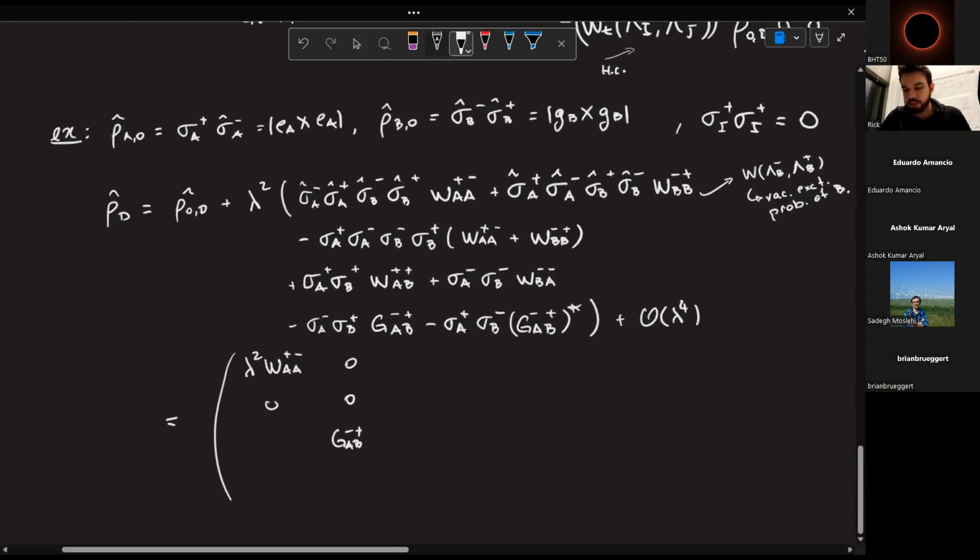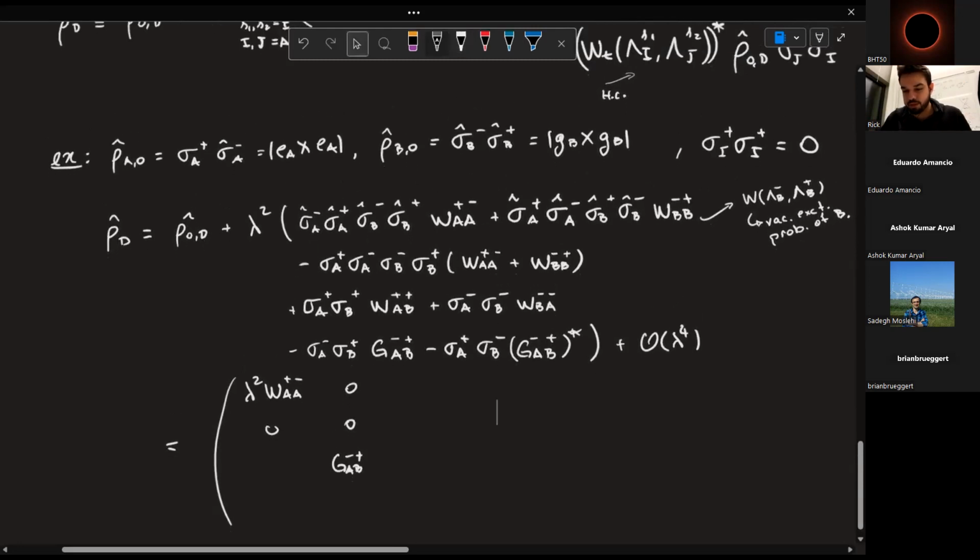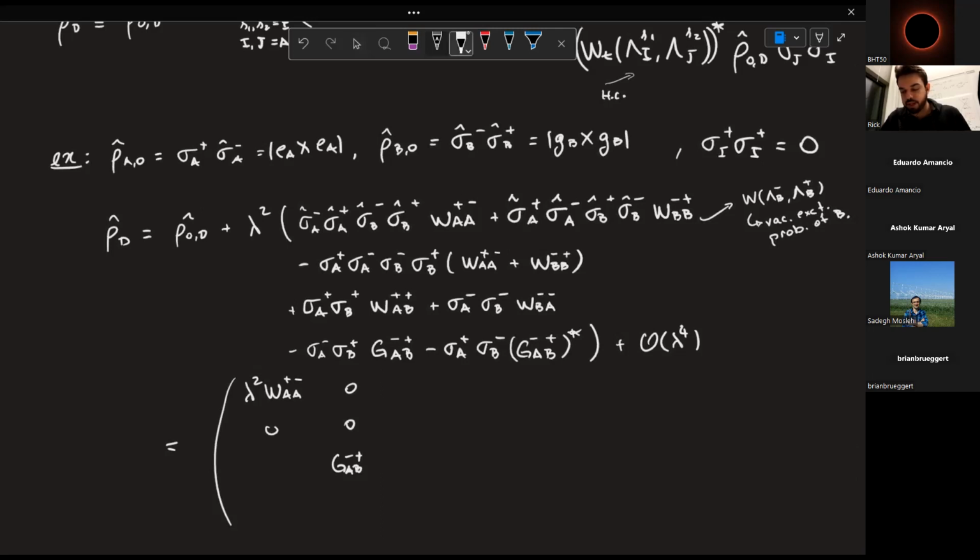So this term, sigma A minus sigma A plus, is the projector in the ground state, which is up here, and then here's the projector in the excited state for Bob, which... no, I think that this is in the wrong spot.